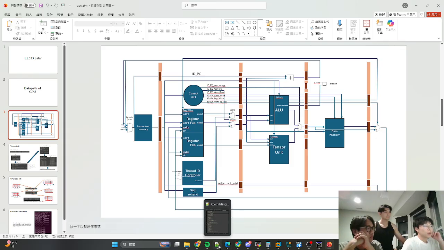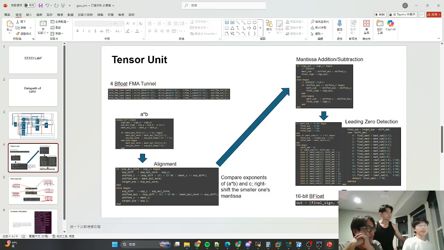Next we can look at our detailed tensor unit design. In the tensor unit design, as you can see here, we do A times B, then we do the alignment, and later we do the addition and the subtraction, and then the zero detection.